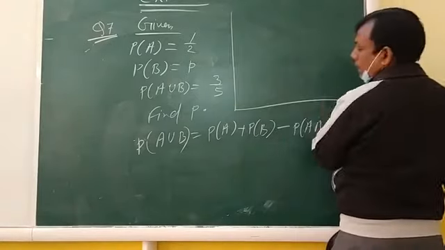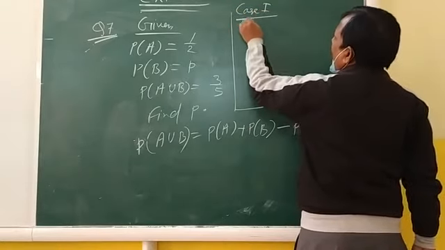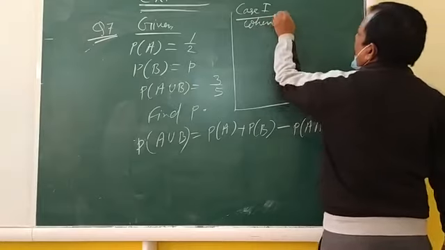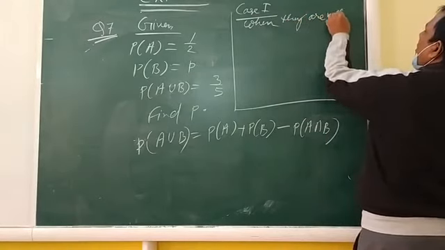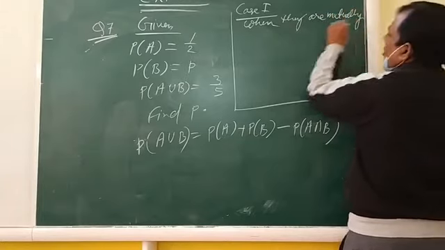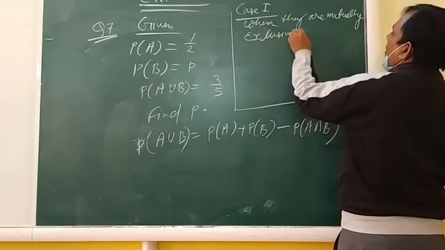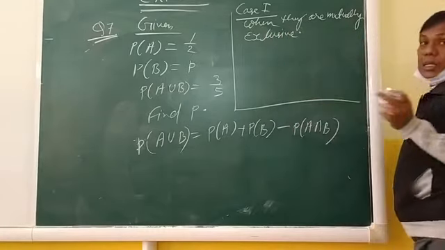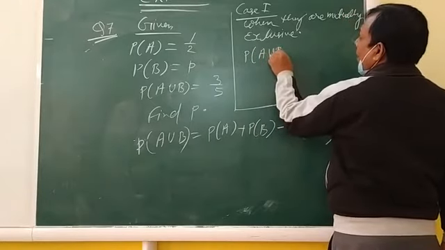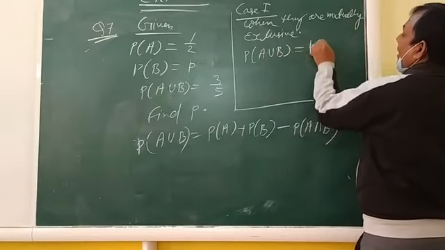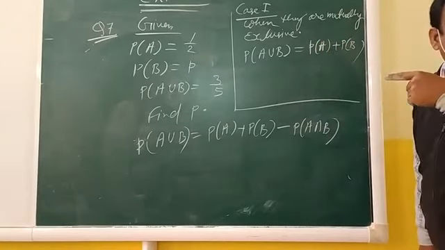So case 1. When they are mutually exclusive, then we know that P(A union B) equal to P(A) plus P(B). In the beginning, I have written all these things.